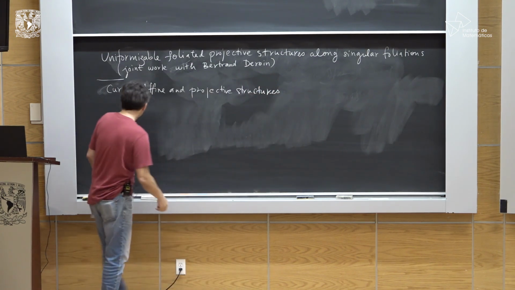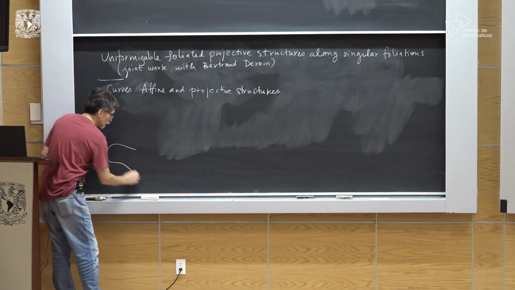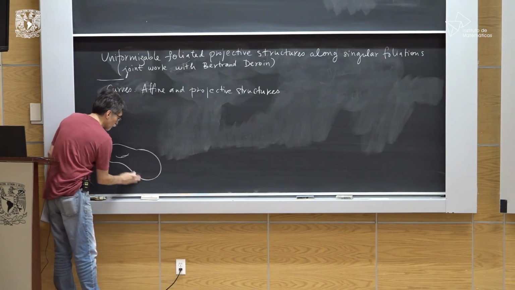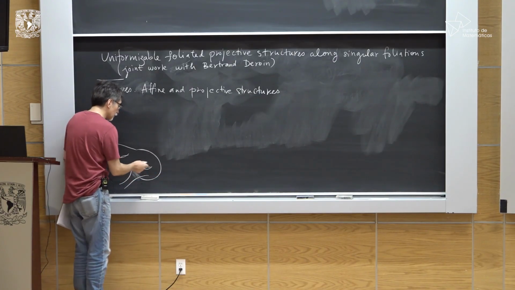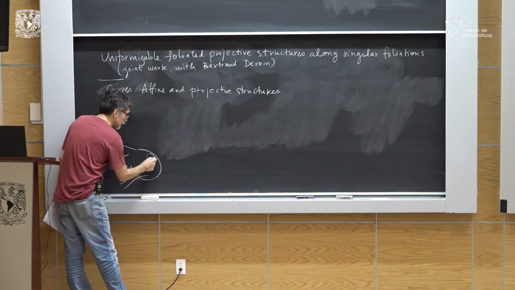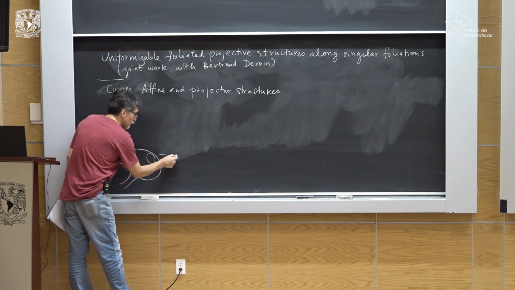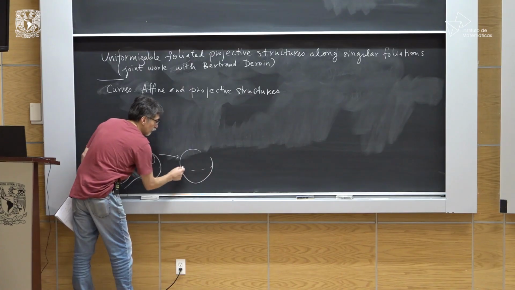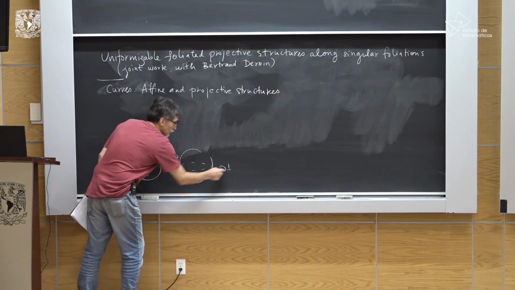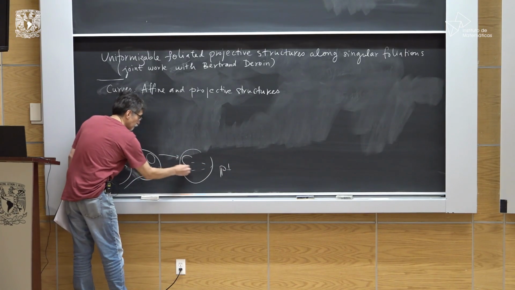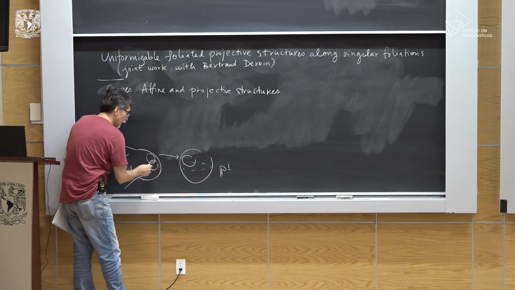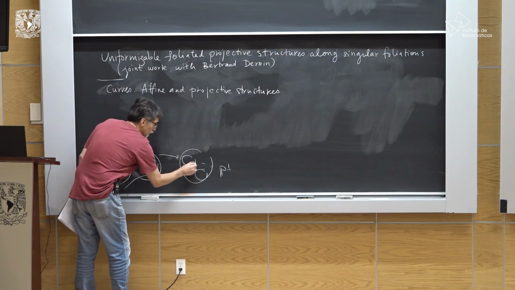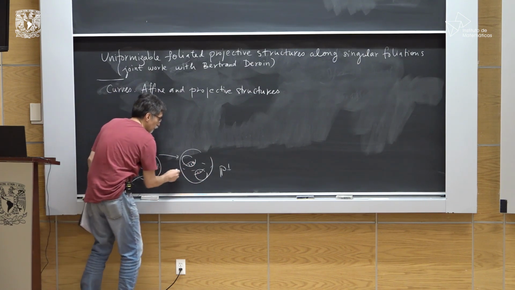So if you have a complex curve, compact or not compact, doesn't matter, you can consider the following object. You can consider the possibility of giving it an atlas of charts, taking values in the Riemann sphere, in the projective line, such that when you take two different charts, their difference is given by a Möbius transformation.